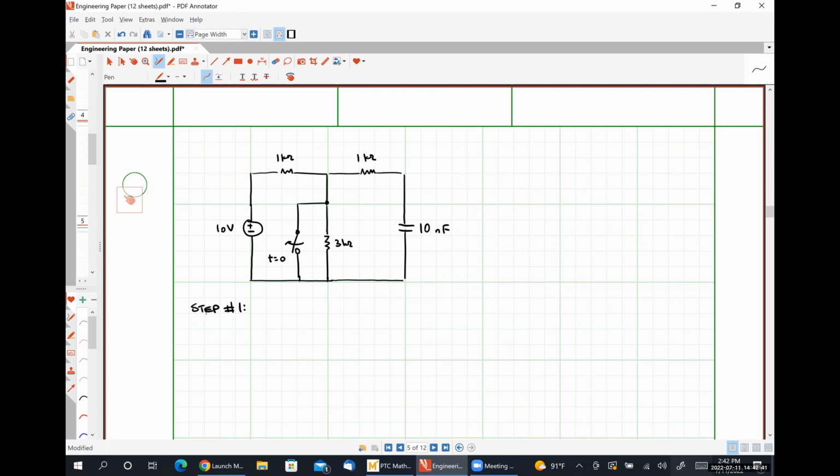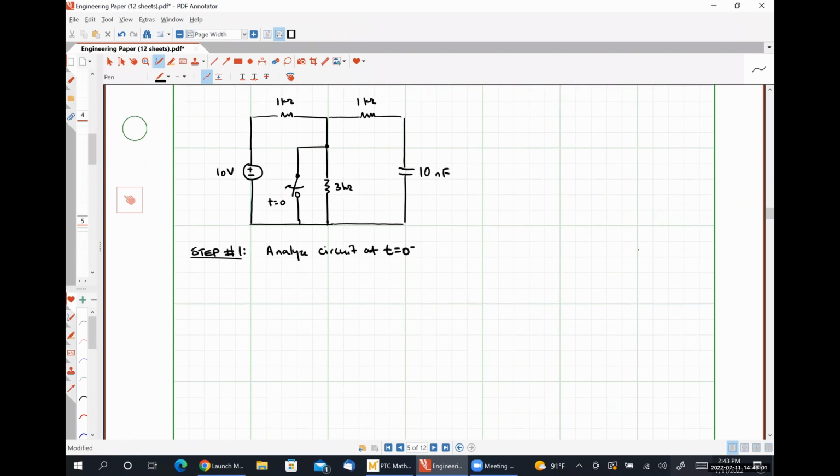Our first step will be to analyze the circuit at t is equal to 0 minus, the exact same first step we've taken for all of these circuits. At t equals 0 minus, our circuit is at DC steady state, which means our capacitor looks like an open circuit.